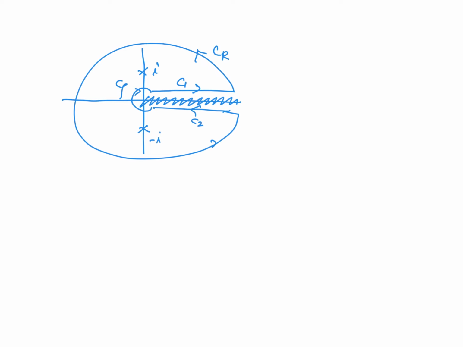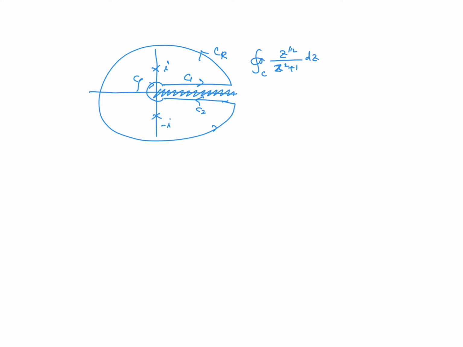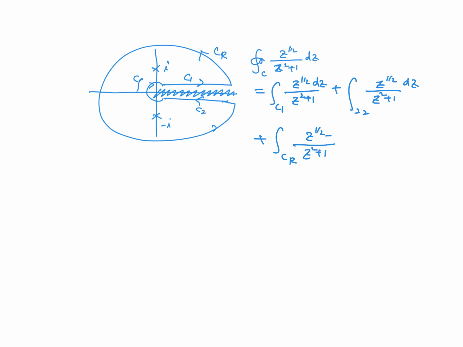So this whole integral, we have C1, C2, plus CR, equals zero, but they are the same, right? So it actually becomes twice this.